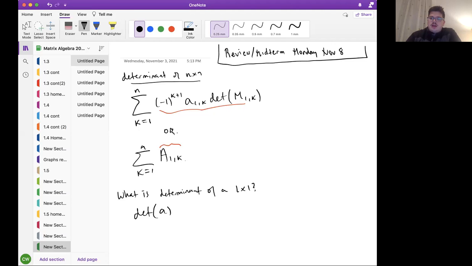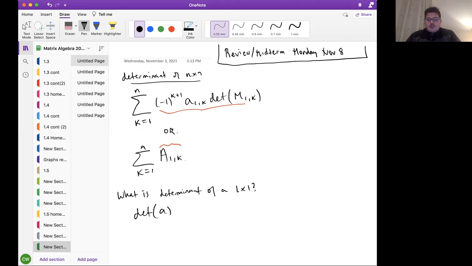Okay, so last time we talked about the determinant, and at the very end of last time we came up with a determinant formula for an arbitrary size matrix.